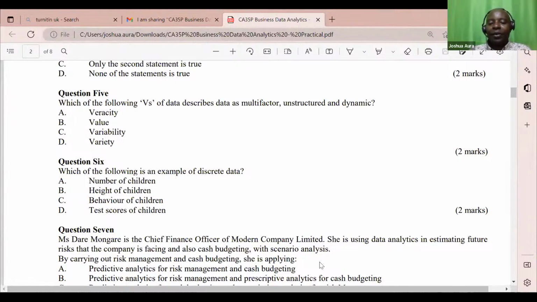Great. And you can see most of them are getting it. Now, you see, guess quickly, you see the comments here saying, Mwalimu, this paper was too hard.